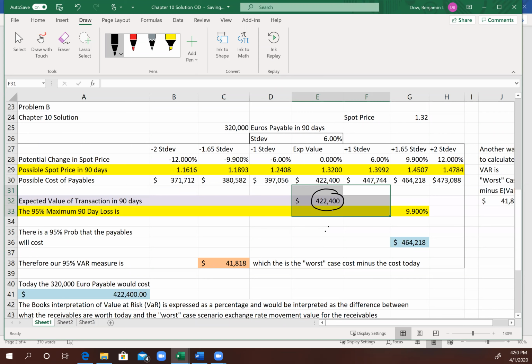We expect to pay 422,400. The worst case scenario is 1.65 standard deviations away from the mean, which would result in a 9.9% increase of what we expect to pay. $41,818 more is our value at risk.